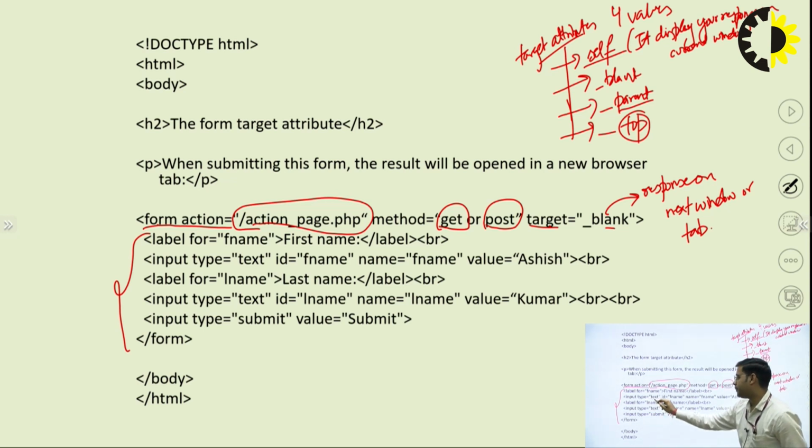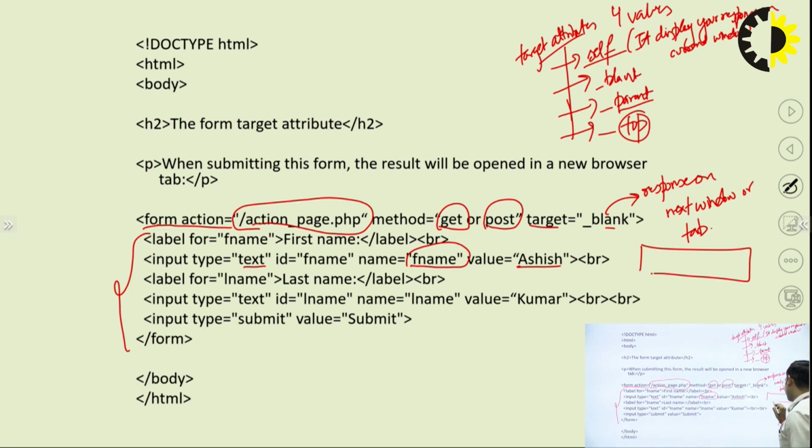Like input type text, here the name regarding input type text is Ashish. That means the input type tag generates a text box like this, and the value of this input field is Ashish. And how can we recognize this input box? Through the name, f name. So f name is Ashish, and the last name regarding this text box is Kumar.